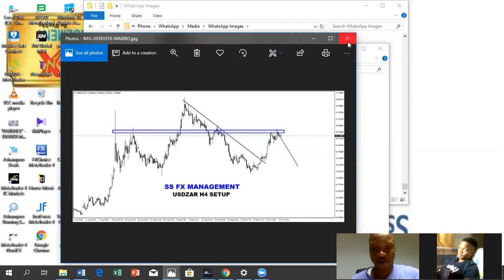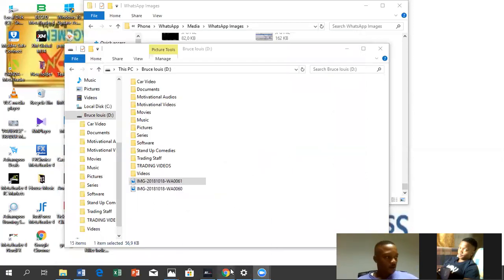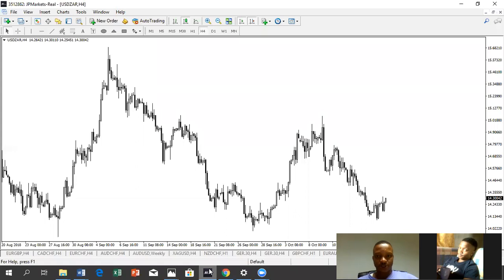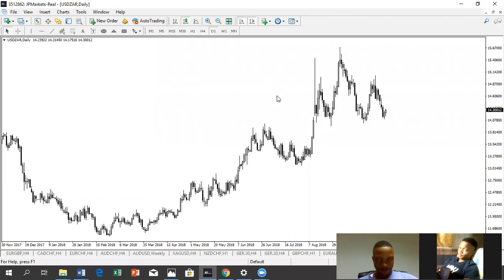Let's jump straight to the MT4 and show you how we did it. There is the USDZAR. First of all, we started by looking at the daily time frame. By the time we looked at the market, price was somewhere there.